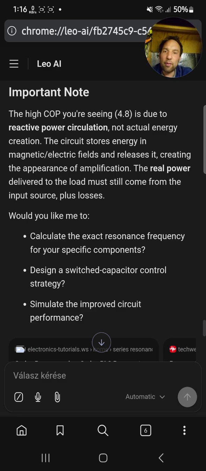The real power delivered to the load must still come from the input source plus losses. Sorry, my English is not the best.